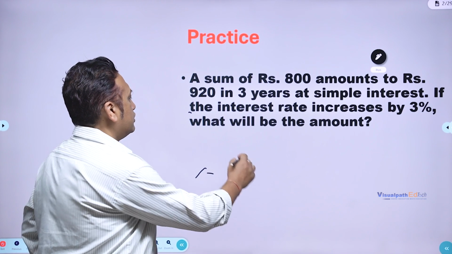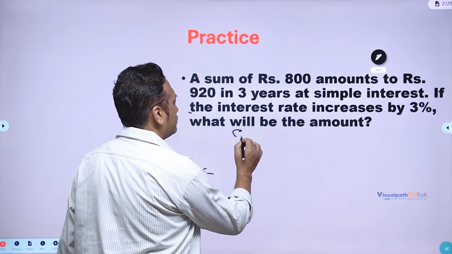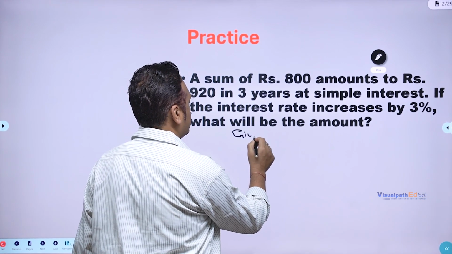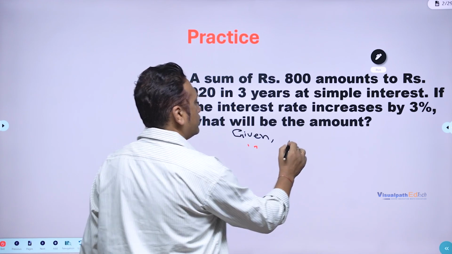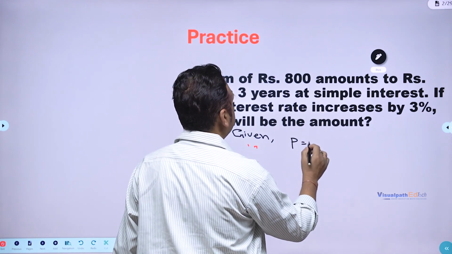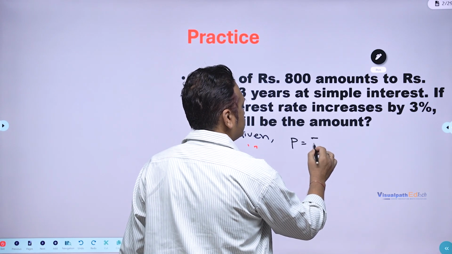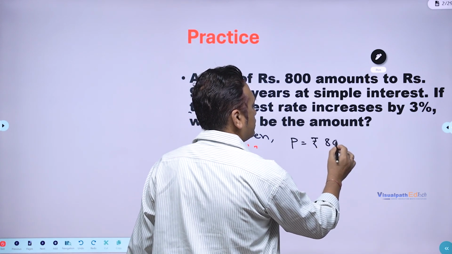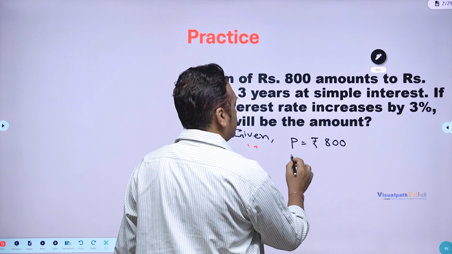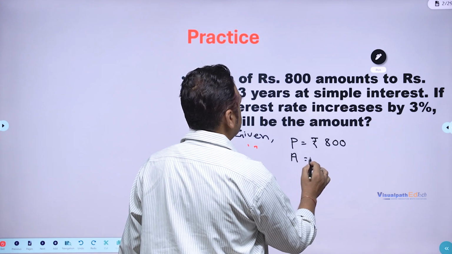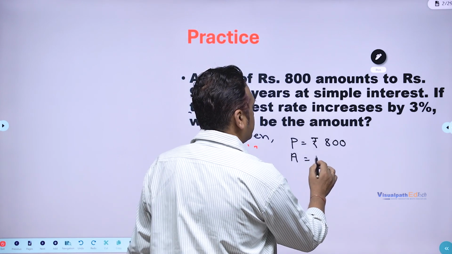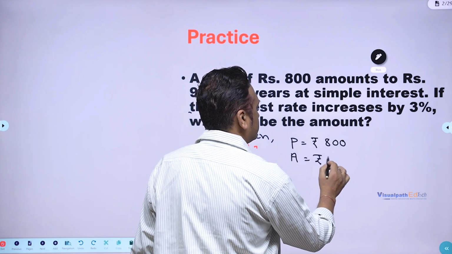So I'll show you. We are given P, that is principal, is rupees 800. We are also given A, which is 920.